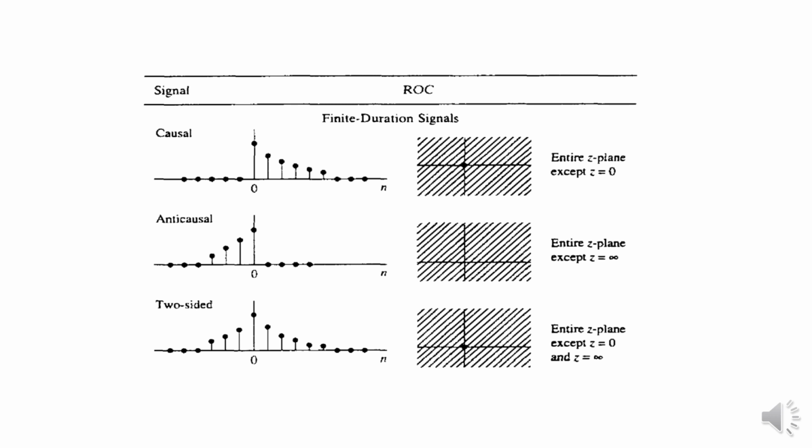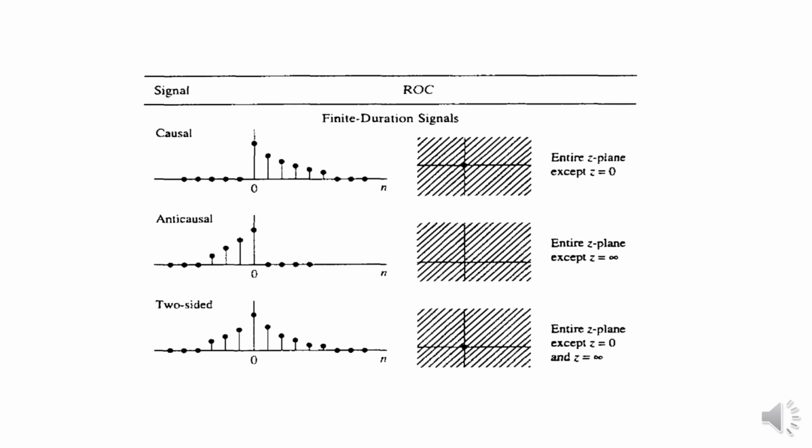Then the ROC will be the entire z plane except z equal infinity. We cannot show z equal infinity being omitted in the z plane, therefore it is marked like this. So entire z plane except z is infinite.